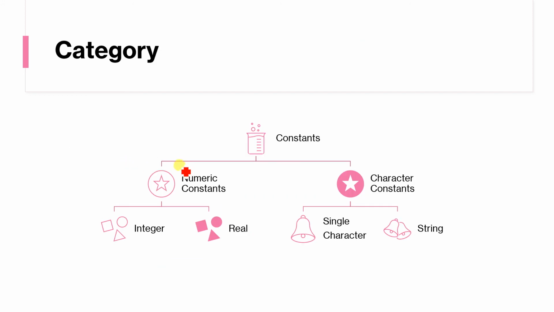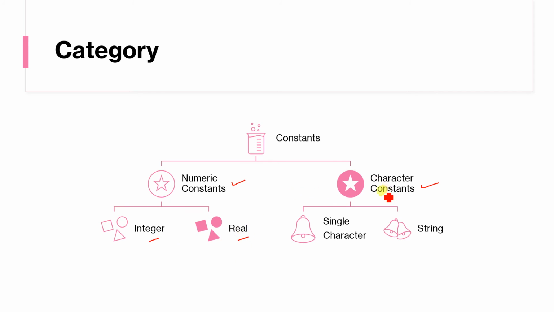So generally, C programming constants are divided into two basic categories. One is called numeric constants, and the second is called character constants. The numeric constants can be represented in the form of integer, or in the form of real.